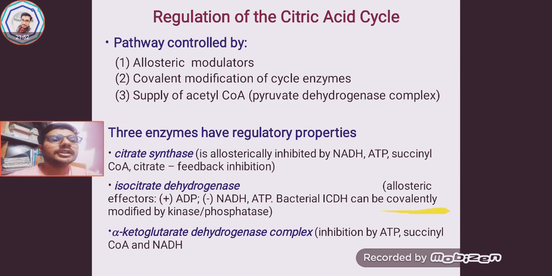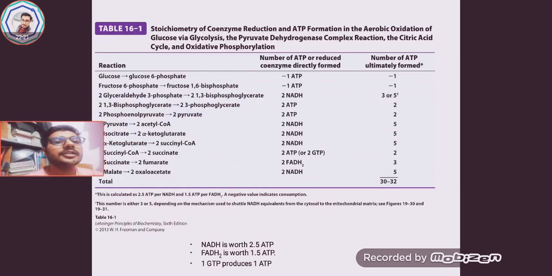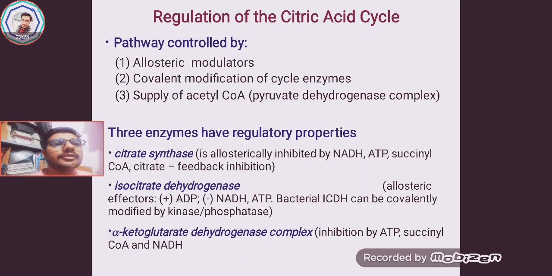The enzymes also have inhibition that regulates the cycle. Citrate synthase is allosterically inhibited by NADH, ATP, succinyl coenzyme A and citrate as feedback inhibition, whereas for isocitrate dehydrogenase the allosteric inhibitor is NADH, whereas ADP will promote the citric acid cycle.